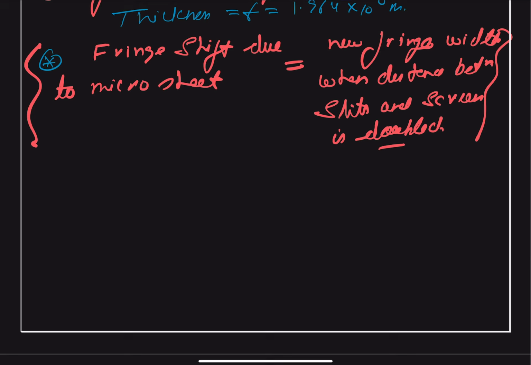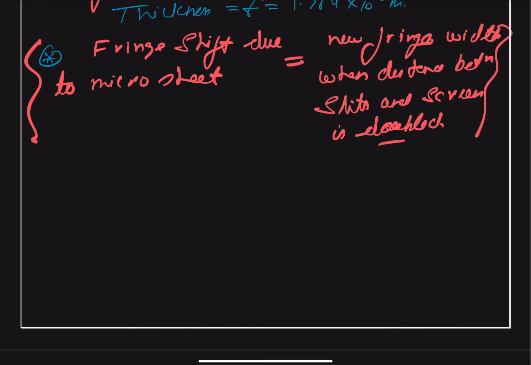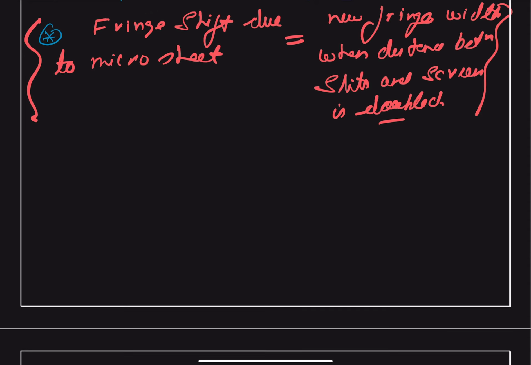And the basic formula for the fringe shift due to a thin sheet, we already know that formula, that is S is equal to capital D divided by small d multiplied by mu minus 1 and multiplied by t, and fringe width is beta is equal to capital D multiplied by lambda divided by small d.